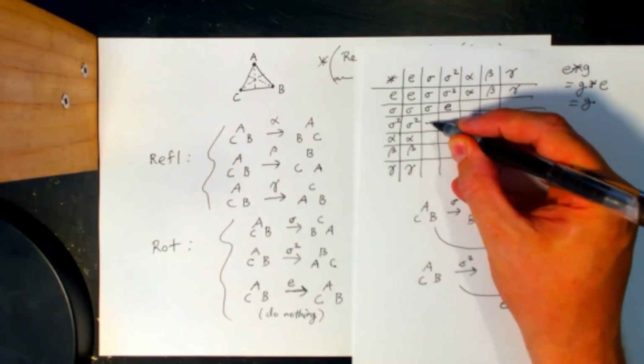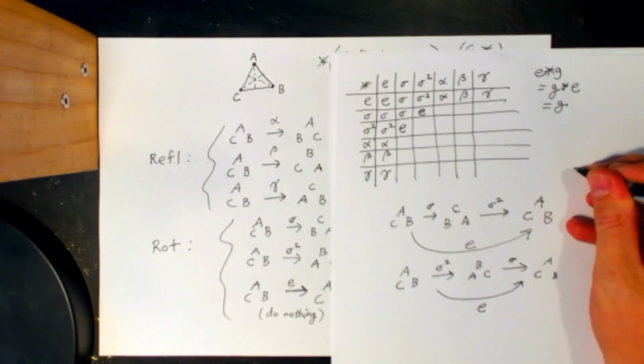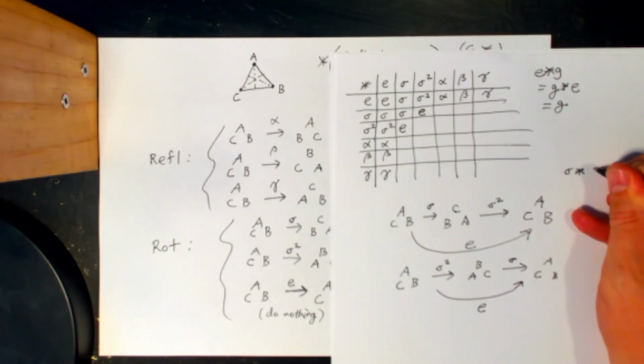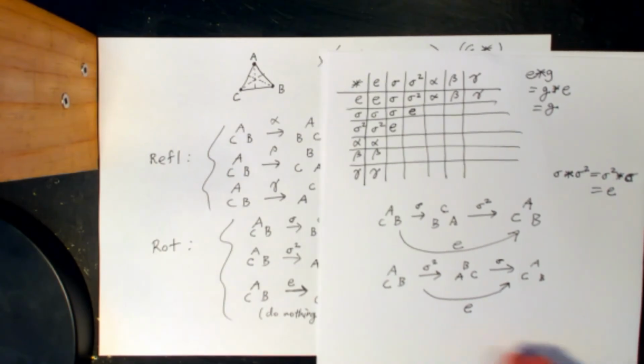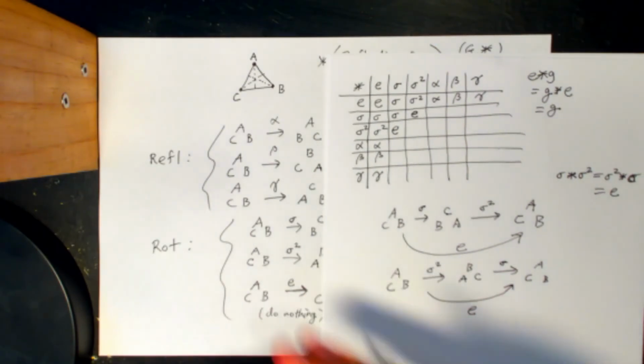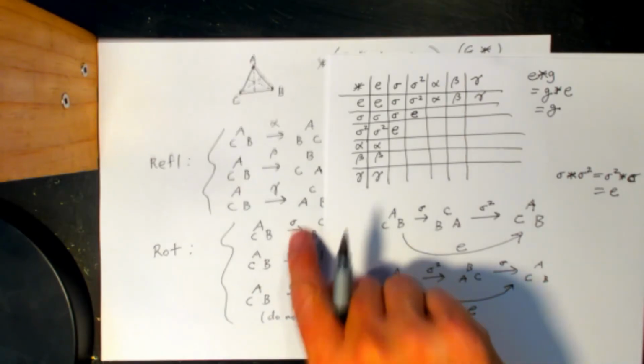So in this case we do have commutativity of those two elements: sigma combined with sigma squared is sigma squared combined with sigma, which is E. But we know this is a cyclic subgroup of the full group, so that's not surprising. If we only considered rotations, we would have an abelian group generated by the single element sigma.